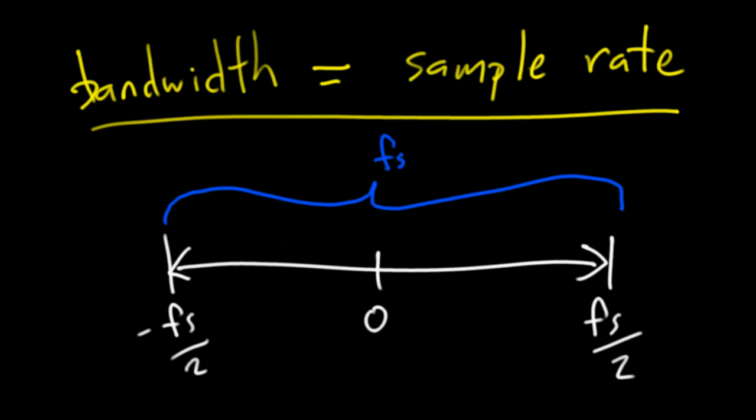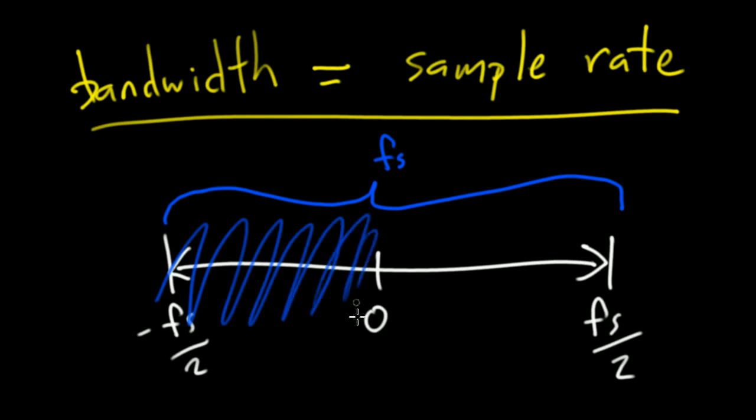The bandwidth is equal to the sampling rate. Now, if you have a real valued signal, then of course this negative stuff is normally ignored because it's just a mirror image of the positive stuff. So there's no additional information over there. In other words, in that case, the bandwidth is half the sampling rate. But I like to think of the sampling theorem as this: the bandwidth is equal to the sample rate.